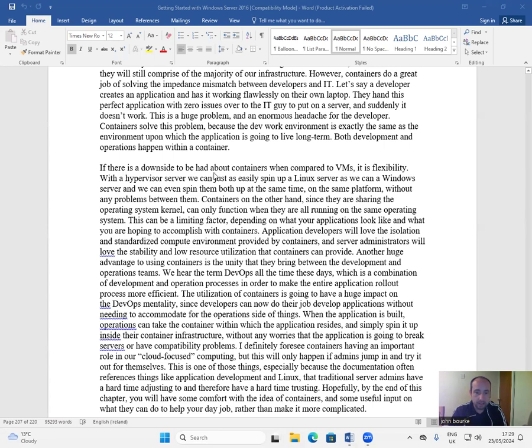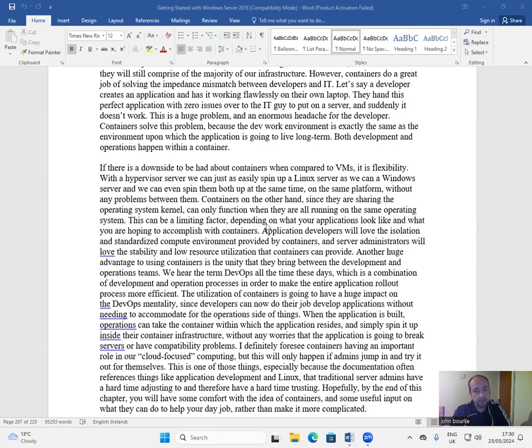If there is a downside to be had about containers when compared to VMs, it is flexibility. With a hypervisor server, we can just as easily spin up a Linux server as we can a Windows server, and we can even spin them both up at the same time on the same platform without any problems between them. Containers, on the other hand, since they are sharing the operating system kernel, can only function if they are all running on the same operating system.